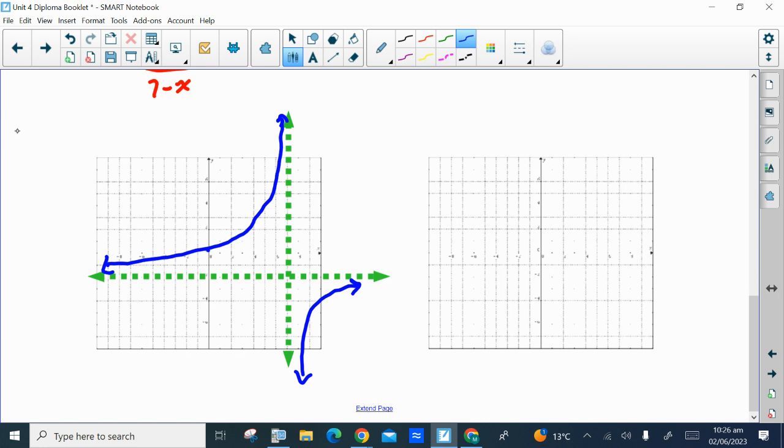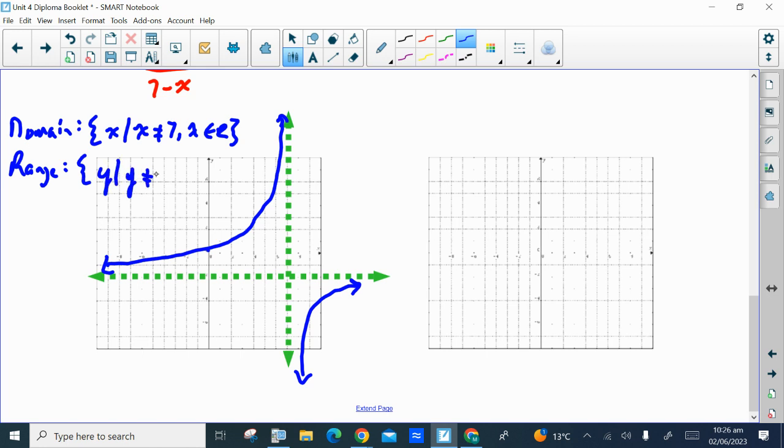For our domain, I'm going to use set notation here. All values of x such that x cannot equal 7. Otherwise, all real numbers. The range, all values of y such that y cannot equal negative 2, because that is where our horizontal asymptote is.